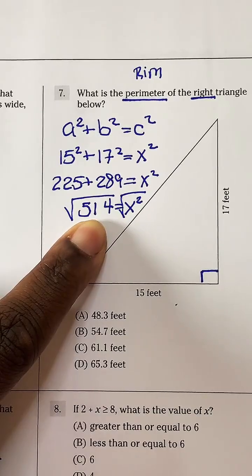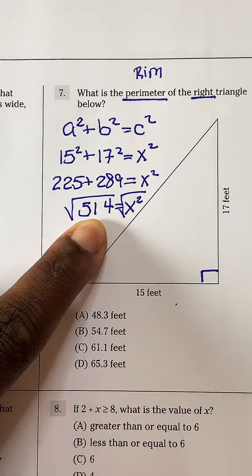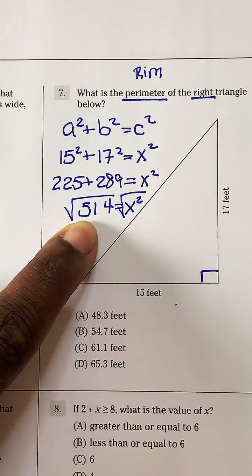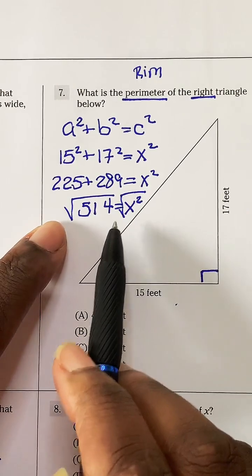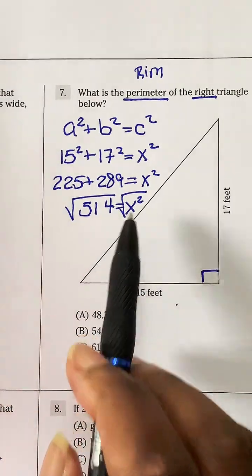And then we have 22 squared, that gives me my doubles, so that'll be 484, okay. 23 squared, that will be 529. So right away, I know it's somewhere between 22 and 23.